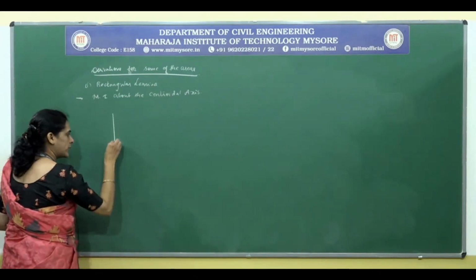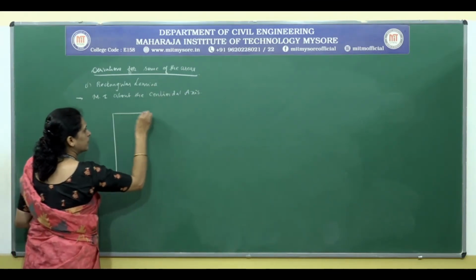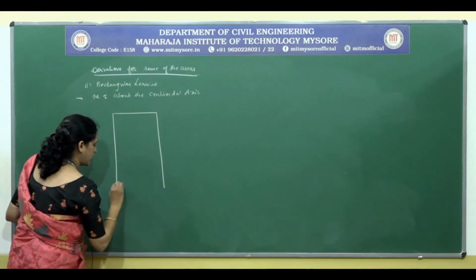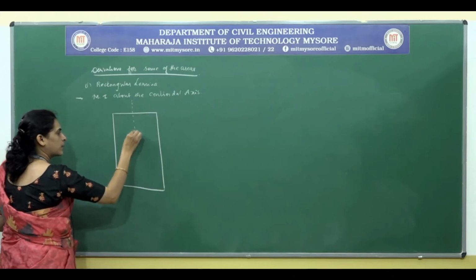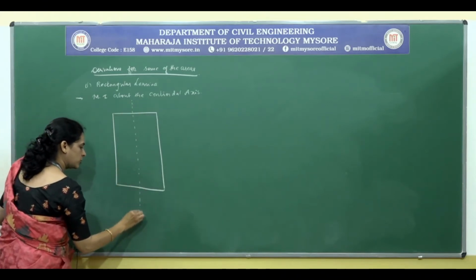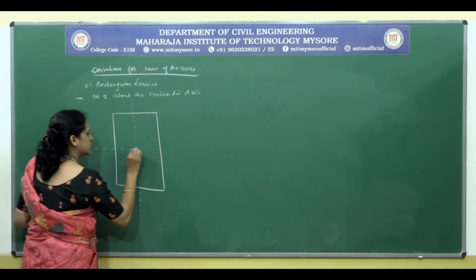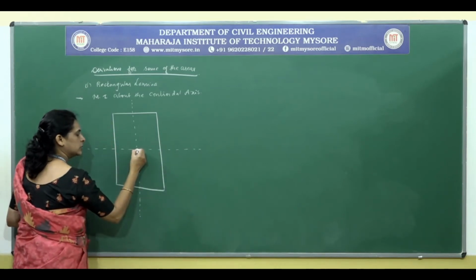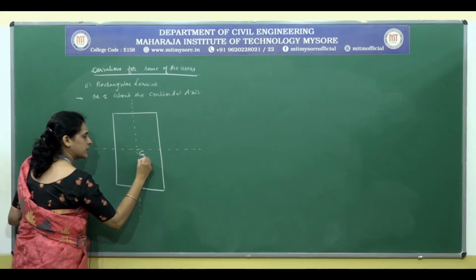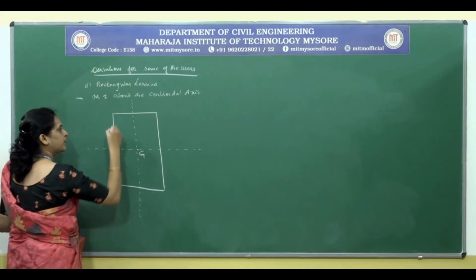So, we draw a diagram of a rectangular lamina symmetric about the y axis and x axis, with the centroid represented as capital G.